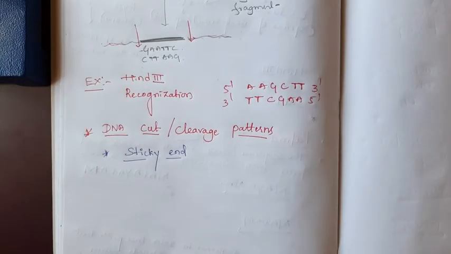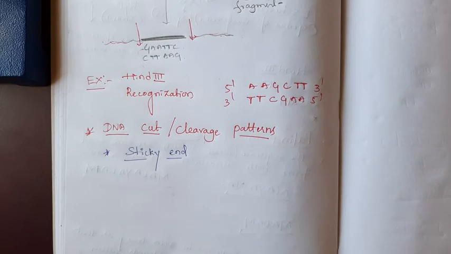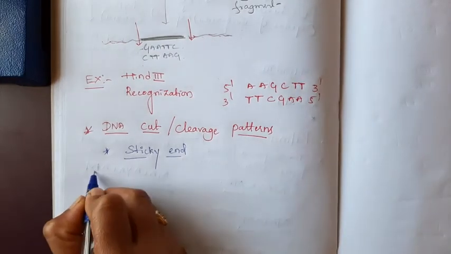We already know that a DNA has a sugar phosphate backbone with the help of phosphodiester bonds.